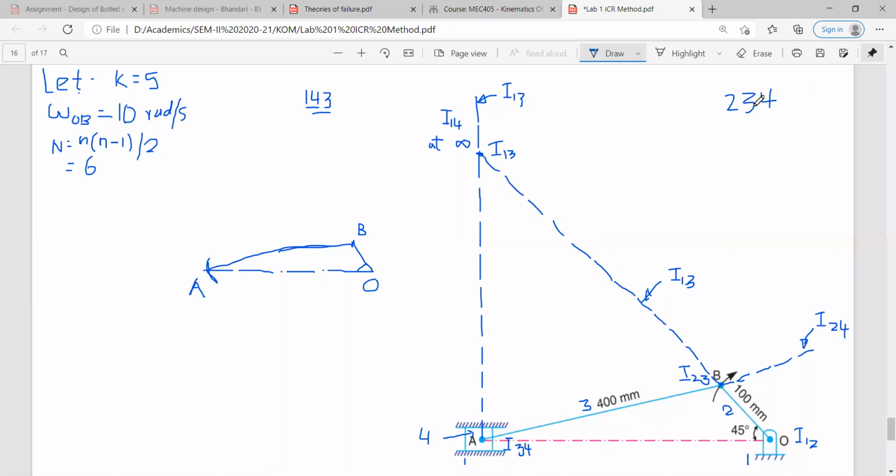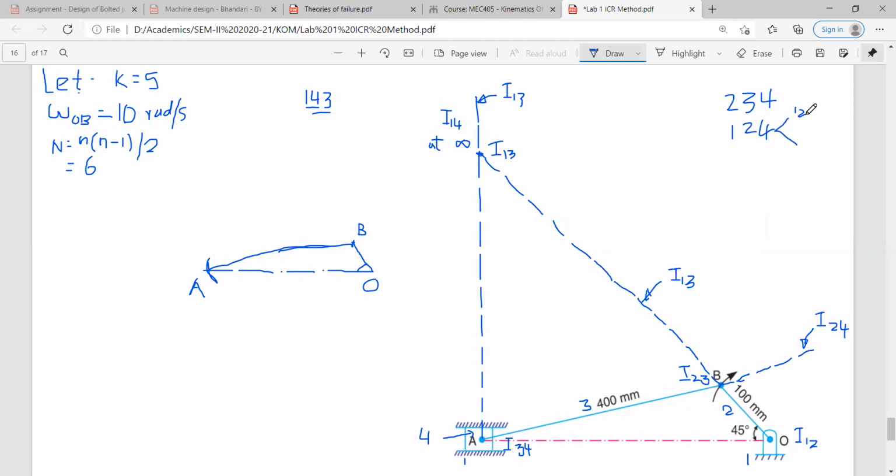So 2 और 4 का के साथ 3 लिया है. ठीक है, तो we can also take 1, 2 and 4, this combination 1, 2, 4. Okay, so 2, 4 is common. Only what we have changed? We have changed link 3.